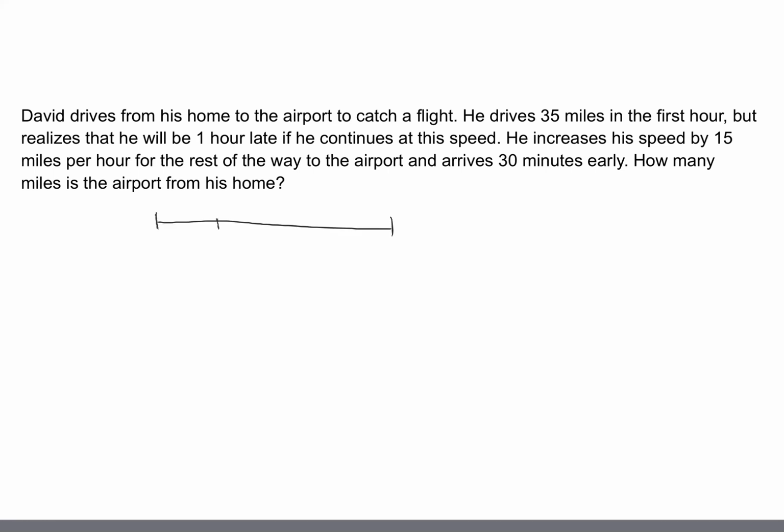Right. So this is the 35 miles in the first hour, and then this is D for the rest of the time. I think you guys should just focus on this part without taking care of the first part. I think it'll be easier for you guys.